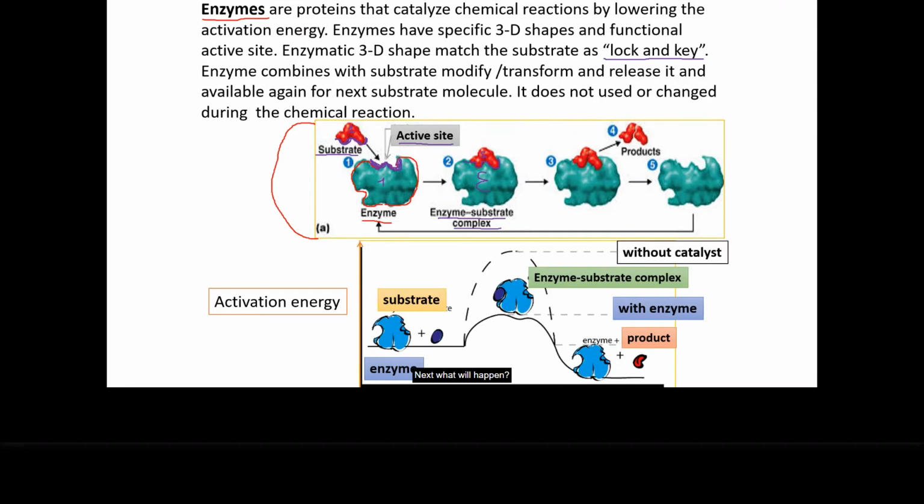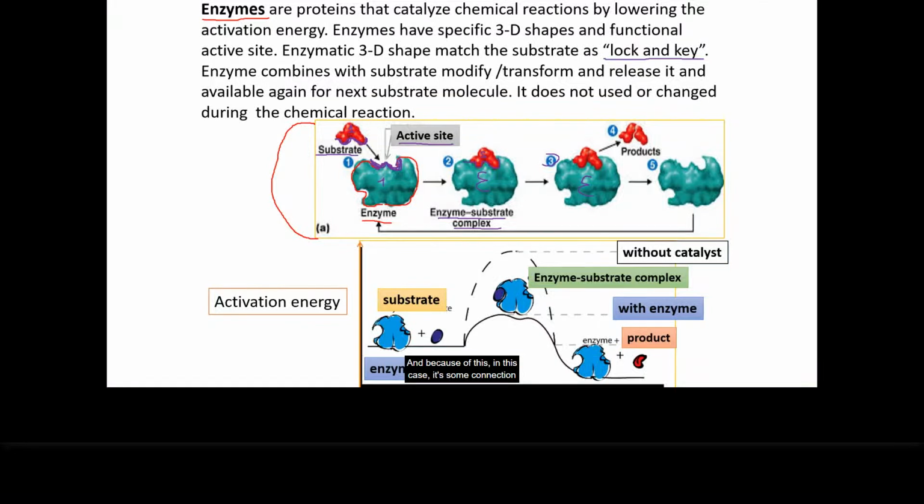Next, what will happen? During the next process in here, stage number 3, the enzyme will change shape. They call it that the enzyme will change its conformation. So when the enzyme is changing the shape, during this process the substrate will also be changing shape.